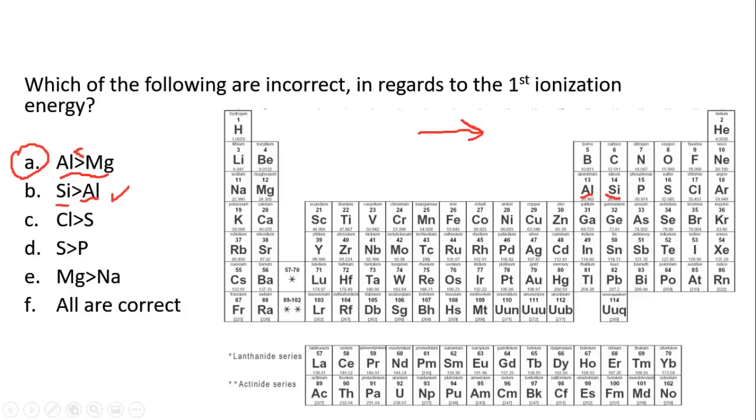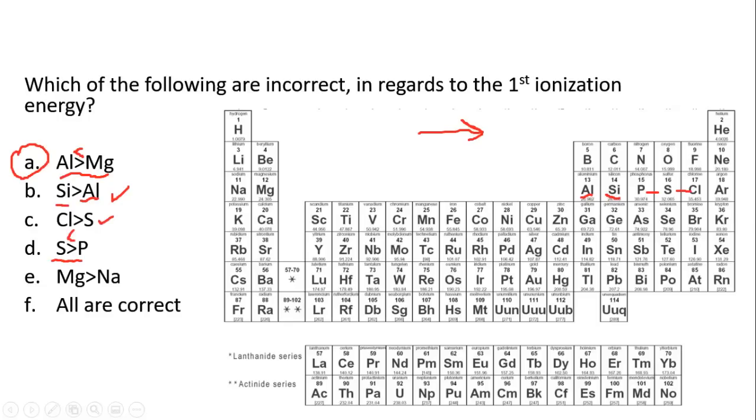Is chlorine greater than sulfur? Chlorine is further to the right than sulfur. That's correct. But is sulfur greater than phosphorus? That is incorrect, because remember, group 6 is less than group 5.